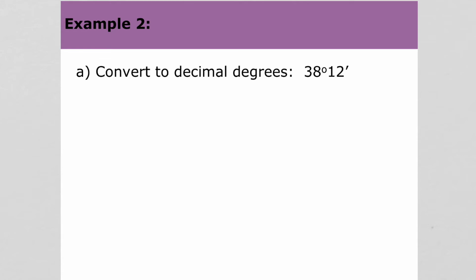So convert this to degrees. So what we would do is we have 38 degrees already. And to change the 12 minutes to a decimal, we would take 12 and divide by 60, since there's 60 minutes in a degree. So that'd be 38 and 1/5 degrees, or changing it to a decimal, 38.2 degrees.